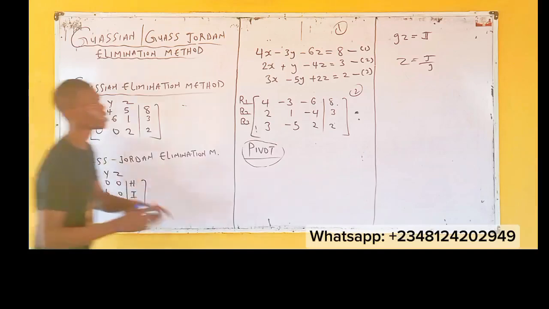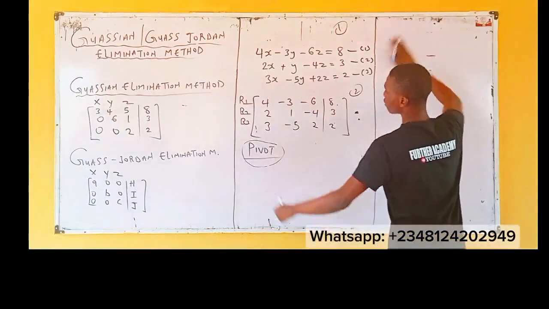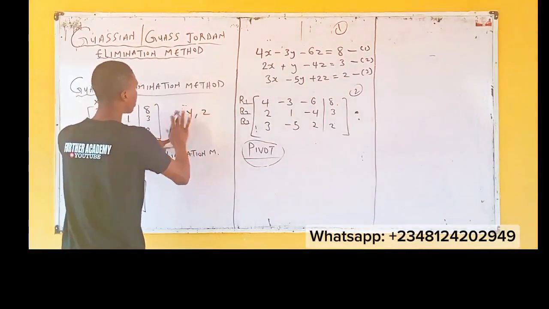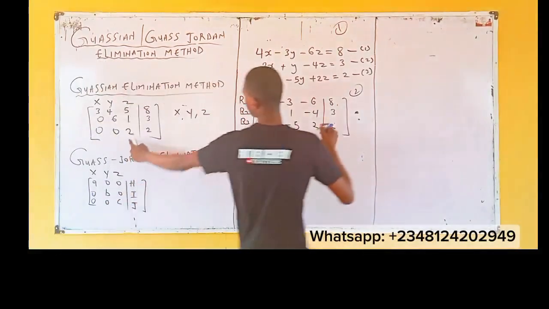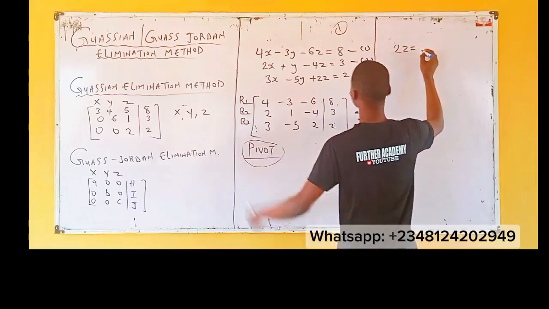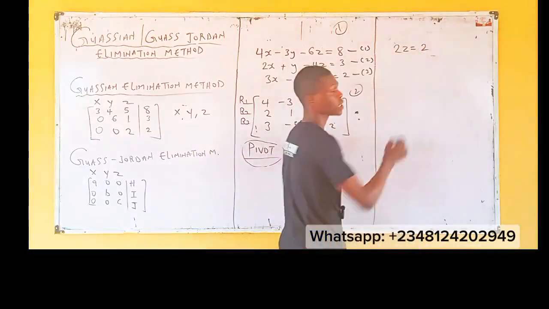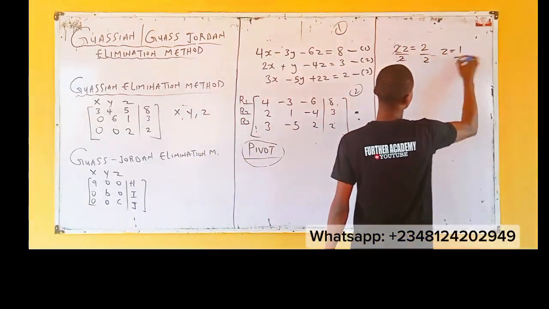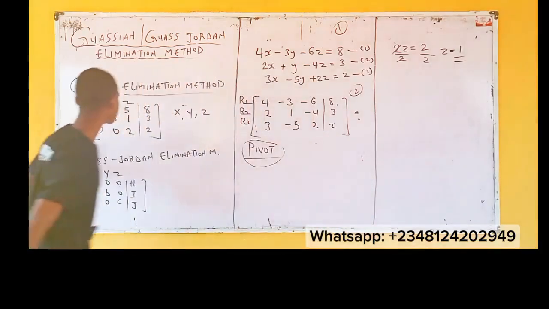Right? Now from here, same idea, nothing is changing. I want to get the value of X, value of Y, value of Z. From this last row, 2Z is equal to 2. Divide both sides by 2. That is, Z is equal to 1, for this last column.